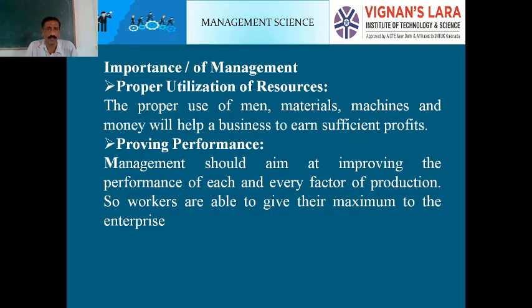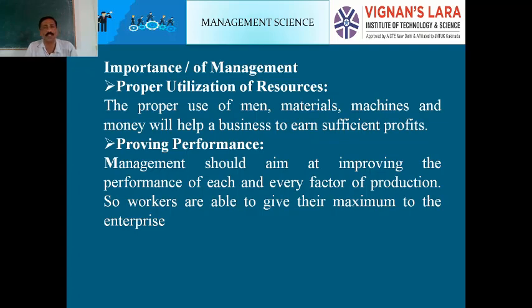The second importance, proving performance. Yes, each and every person has his own talent, but it is not exposed due to so many problems, where management helps them prove performance, come forward to take up one venture, one activity, and involve carrying a better character, then they will prove themselves.